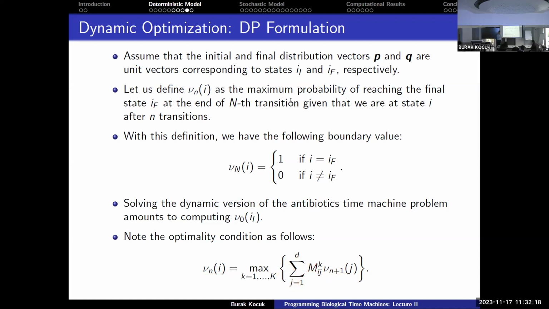You give me an antibiotic, I can go there or there. And I will start the process one more time with one less step to take. Since the step is stochastic, I need to sum over the j's, the conditional probabilities. Now, the nice thing is that if you go backwards, you precisely know the value at n plus 1. So that's why I can solve this simple optimization problem by simply enumerating over the actions.